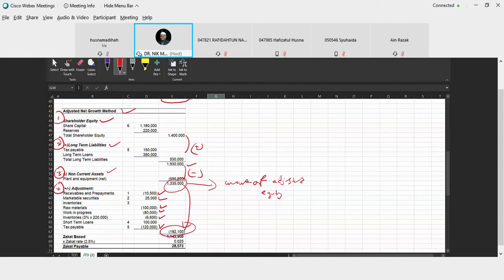Okay, adjustment of the equity, and you are going to have an aggregate equity amount. Okay, and you just need to multiply with the 2.5%, and then you are going to get 28,573 ringgit.